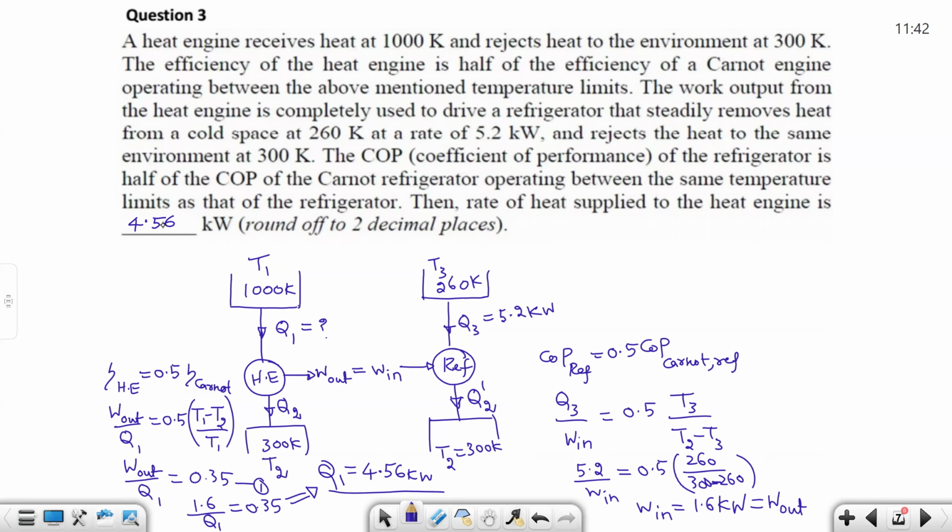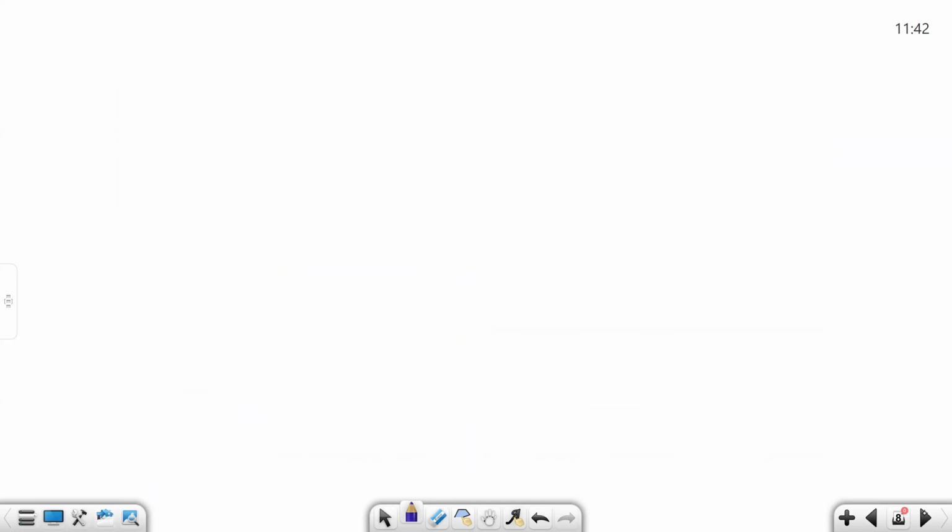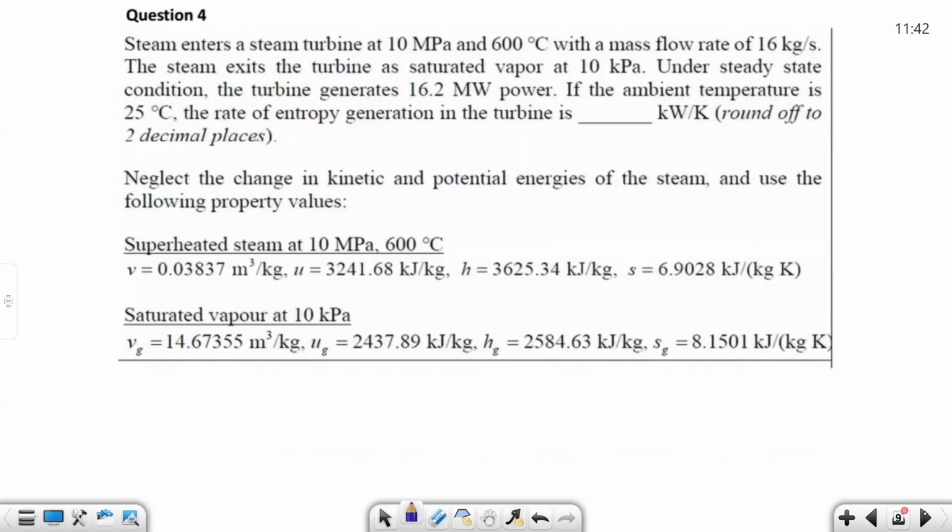So now we move to question number 4. The steam turbine enters at, maybe I just make it here. This is the turbine. So this is entry point 1.